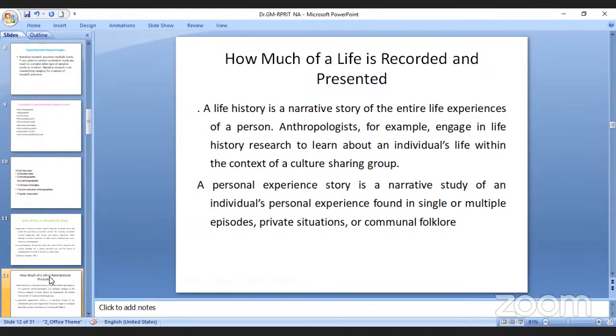These days, movie makers are also making part 1, part 2. Likewise, this personal experience story can also be single or multiple episodes. Then it includes private situations or communal folklore.